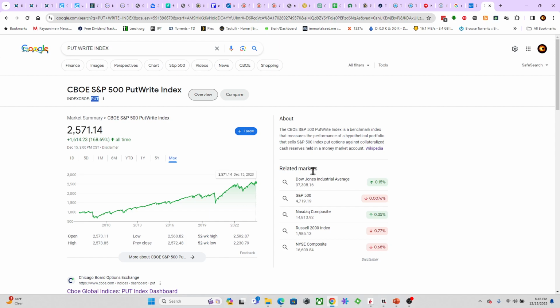A lot of people get in problems when they put on too many trades and sell puts on stocks that have no valuation, or meme stocks, and that's when they get in a lot of trouble. But outside that, if you're selling puts on good S&P stocks, they're decent and they'll come back.